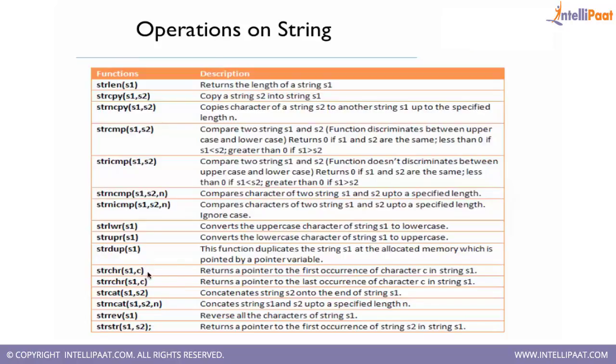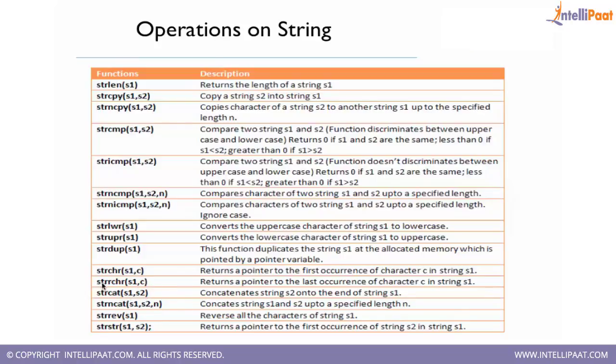strchr returns the pointer to the first occurrence of the character c. If I have a very long string, and I say strchr and want to search for a particular character, it will give me the first occurrence of the character. strcat s1 s2 will concatenate the string s2 at the end of s1.